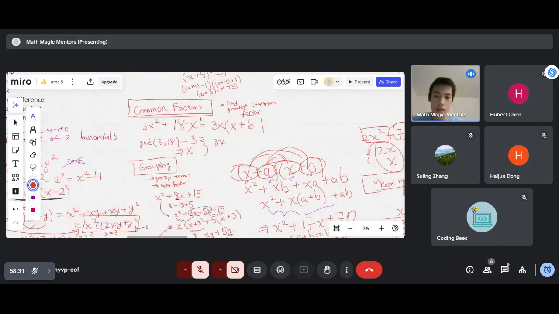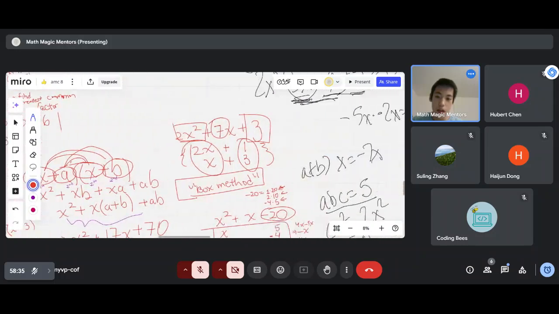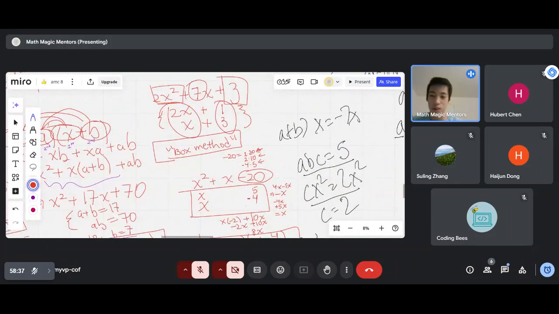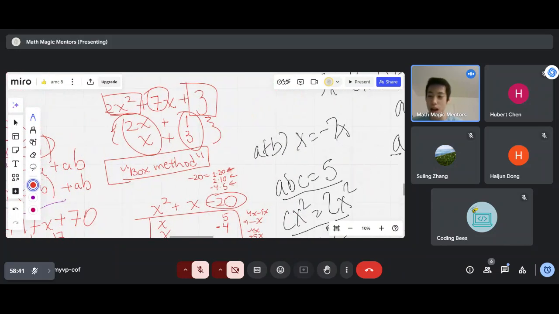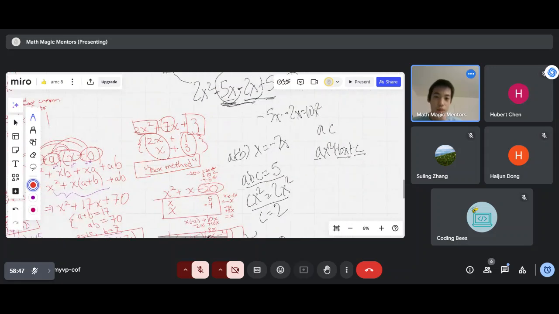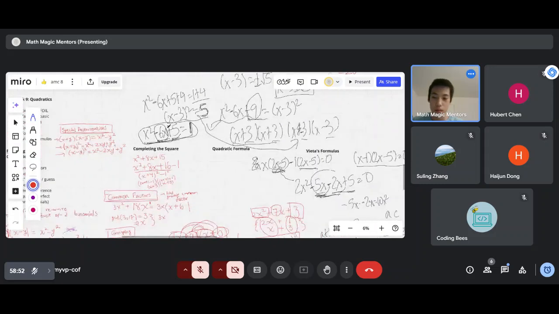We also discovered that we can factor quadratics using common factors, grouping, and the box method, which is my favorite. With more practice, you'll see how quickly you can guess and check. And we also covered completing the square.